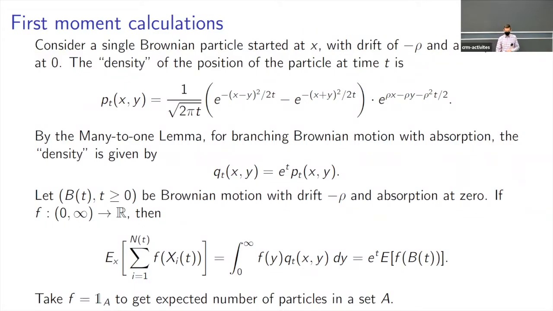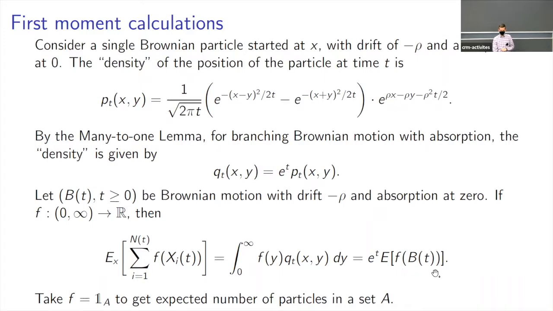And one can take f to be the indicator of the set A to see that the expected number of particles in the set A is then given by the integral of q_t(x,y) over the set A, which is how we want to think about the density for the process. One other thing to note here is that this expression is equal to e^t times the expected value of f(B(t)), where B is Brownian motion with a drift of minus rho and absorption at 0.